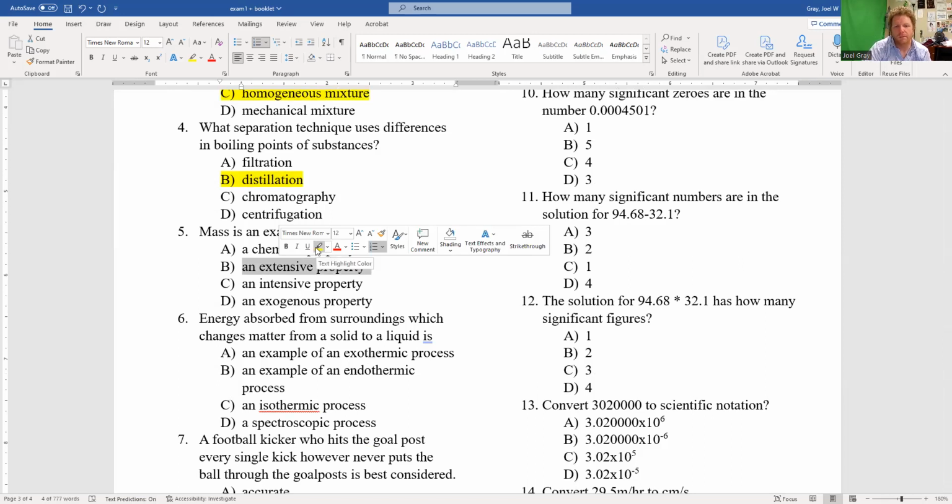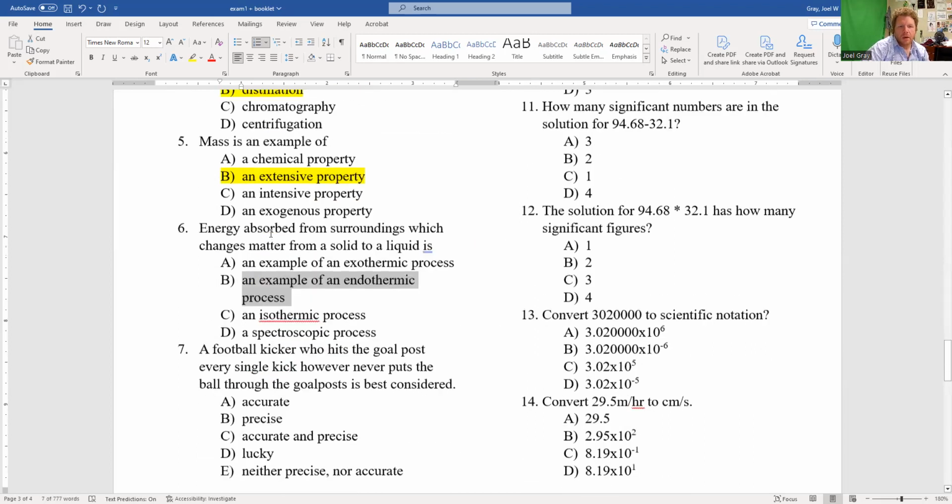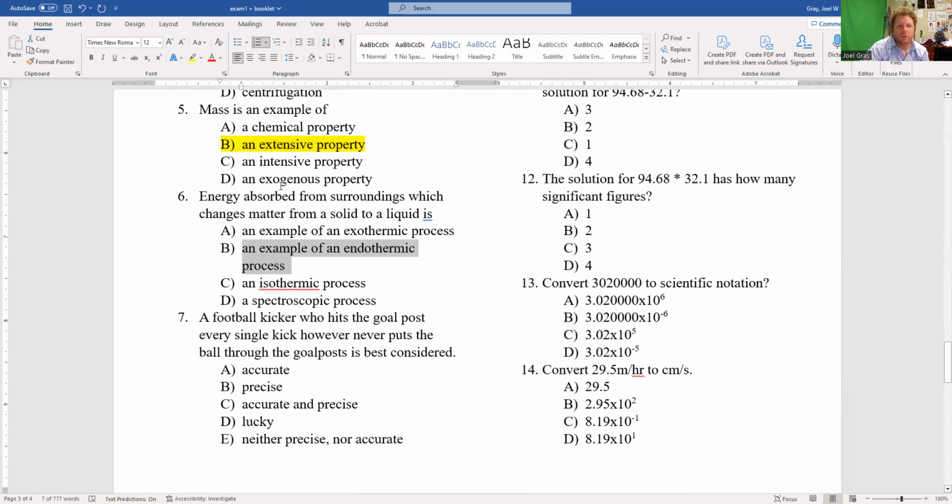You can have more of something or less of something. Energy absorbed from surroundings, which changes matter from solid to liquid. So absorbing energy, an example of an endothermic process. An exothermic process, energy is released to the surroundings. So an endothermic process.